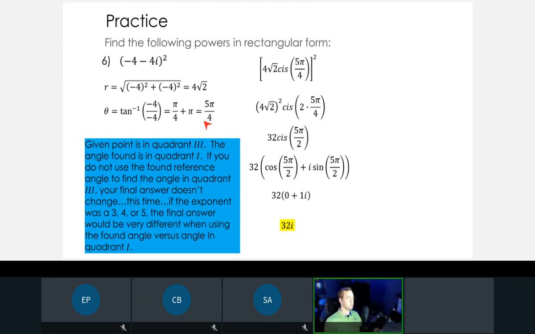And that's because of the exponent being a 2. If that was an exponent of 3 or higher, it probably wouldn't be the same answer. I actually went through this and tried different scenarios and it wasn't. So you need to adjust for the correct quadrant.